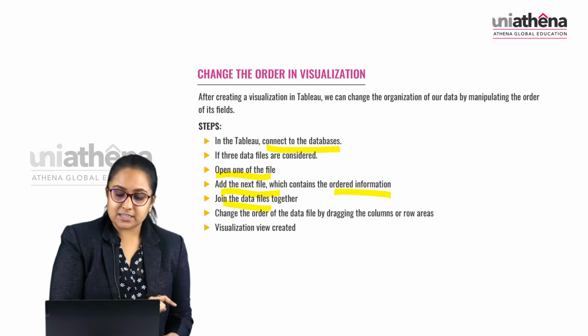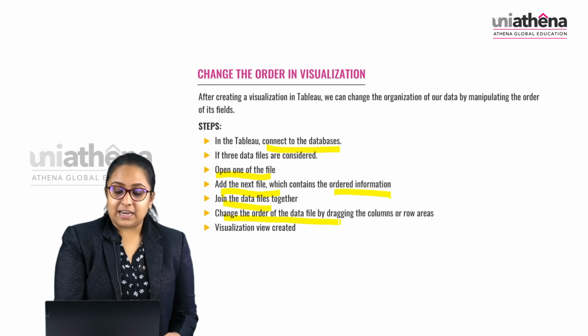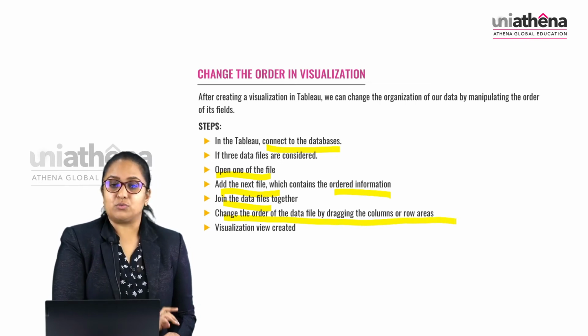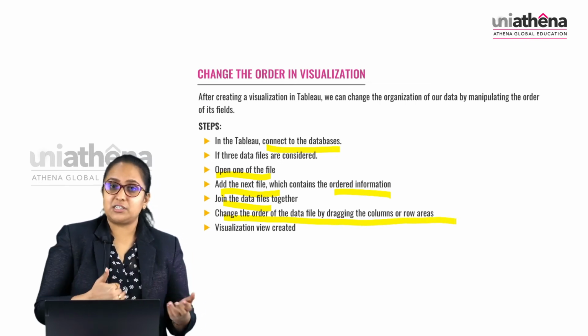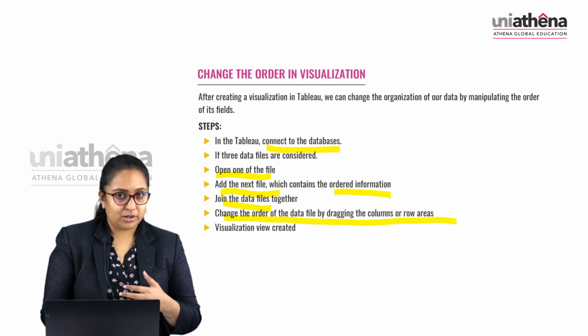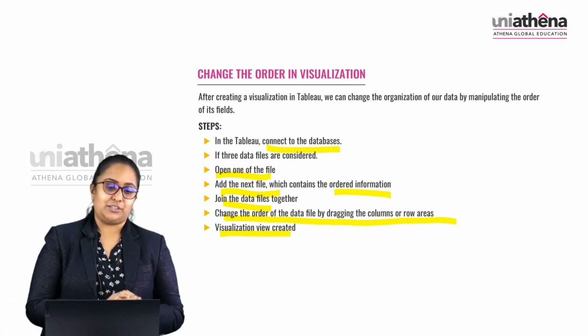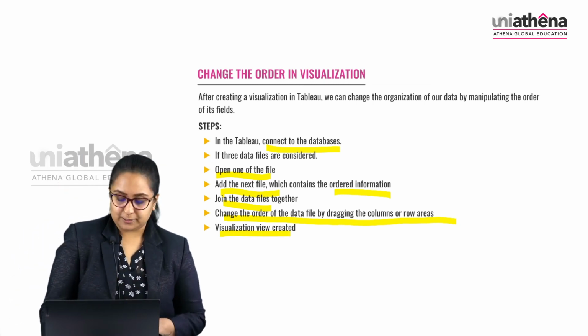You join the data files. Now, change the order by dragging the columns and rows as per your requirement, and finally, you view your visualization. So, this is how you can change the order.